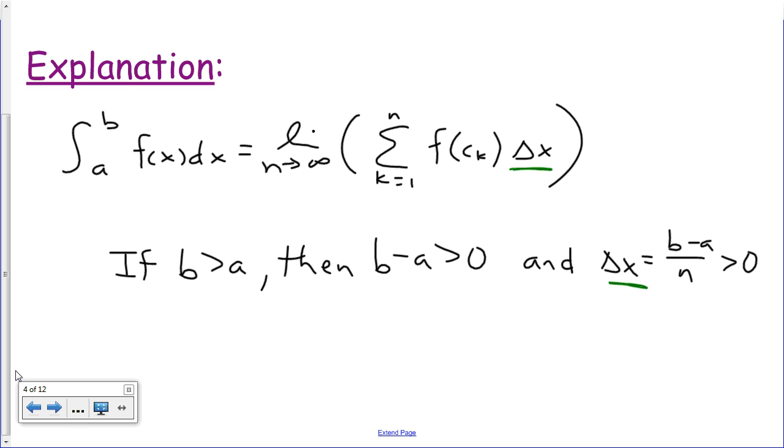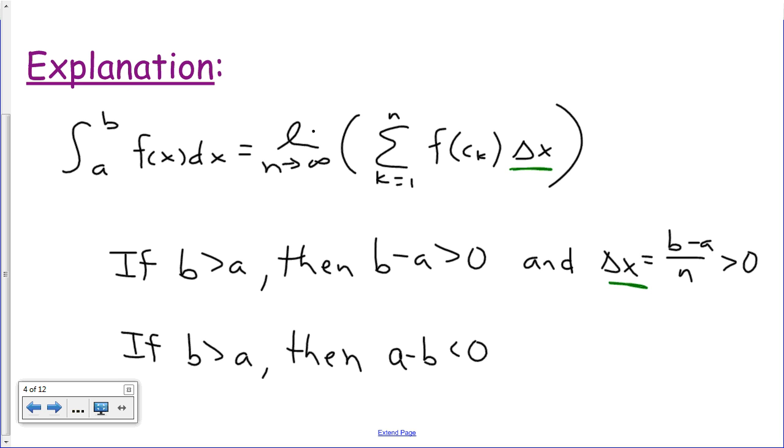Now on the other hand, if b is greater than a, but we start out at b and go back to a, then a minus b is going to be less than 0. If b is greater than a, then you take the smaller number minus the bigger number, you get the opposite result.